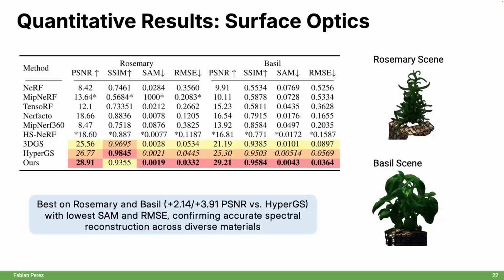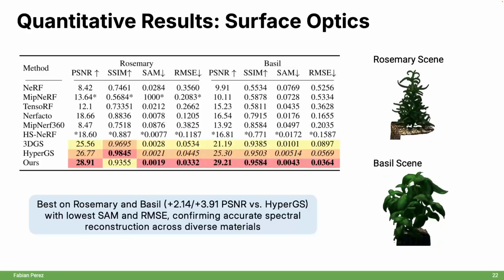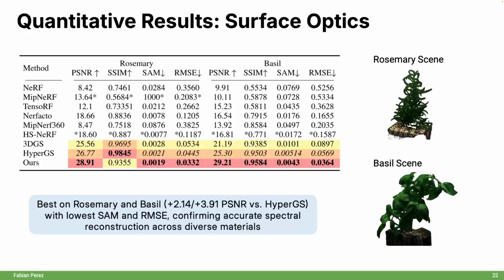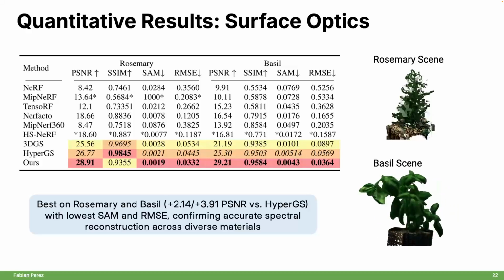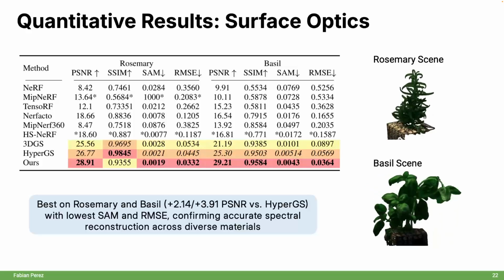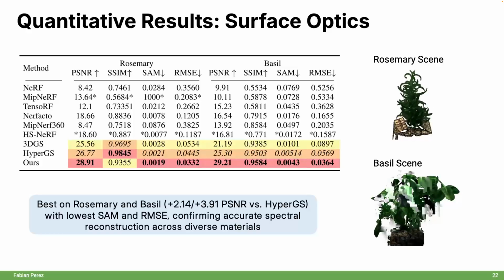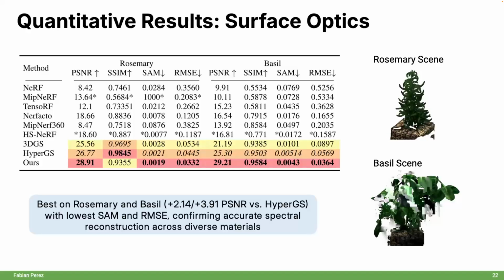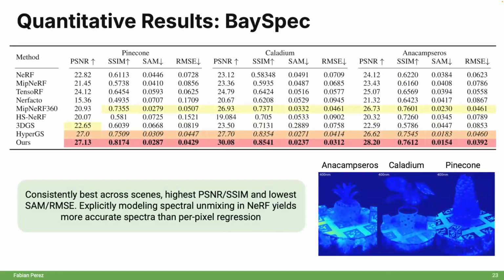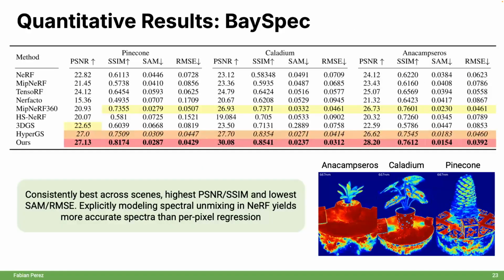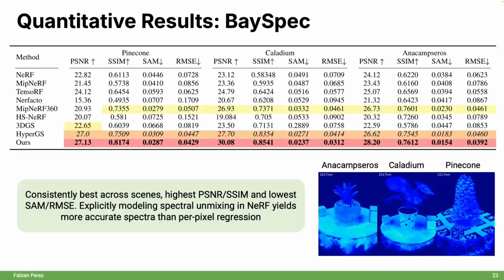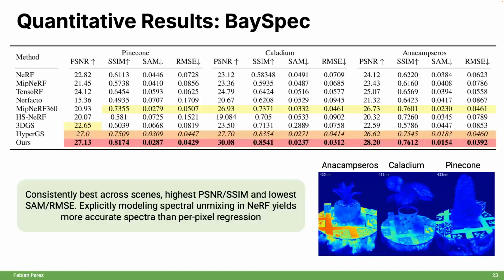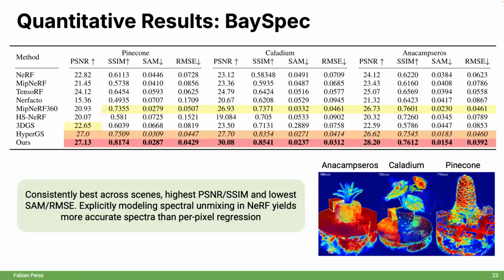On the real Surface Optics dataset, UnMix-NeRF ranks first on both Rosemary and Basil scenes, outperforming HyperGS and achieving the lowest SAM and root mean square error, showing more faithful spectra across materials, not just sharper RGB. Similar trends are observed in the Pinecone and Anacampseros scenes, where our approach provides both higher reconstruction fidelity and better spectral consistency.